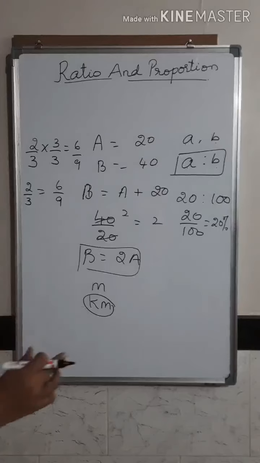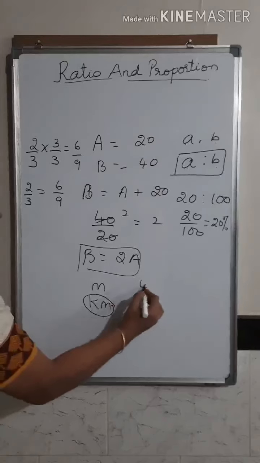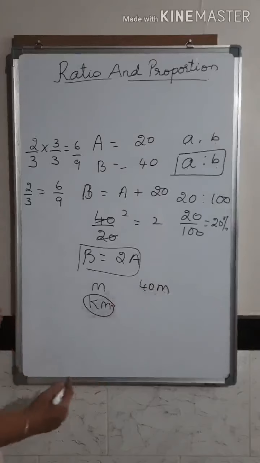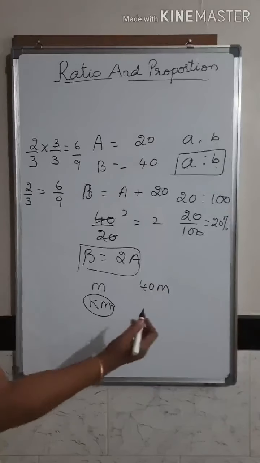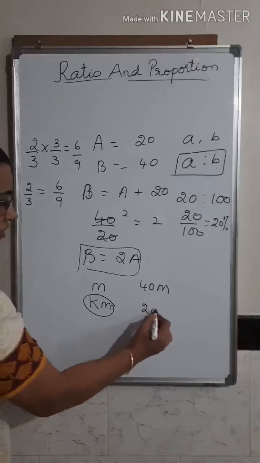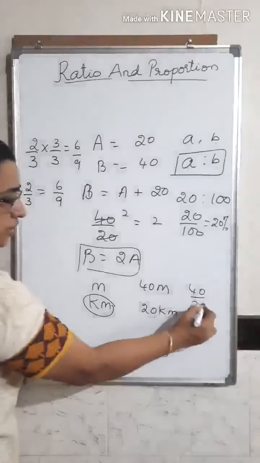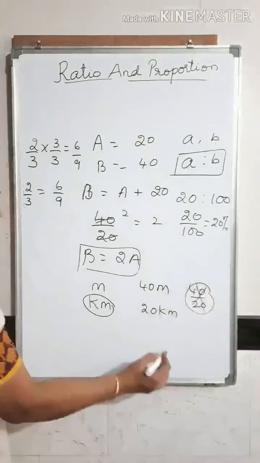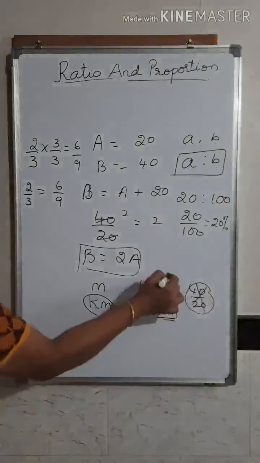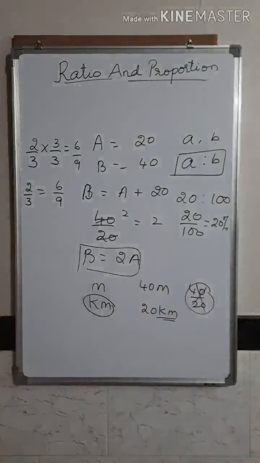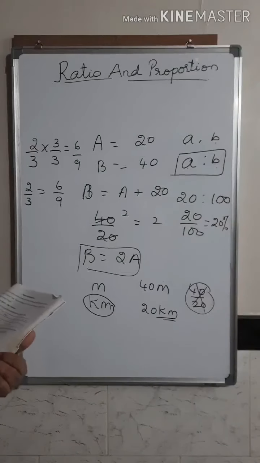For example, if a person has travelled 40 meters and another person has travelled 20 kilometers, you cannot directly compare this 40 and 20. The kilometers also have to be converted in terms of meters, and then only the comparison can be done. That was the fourth property.